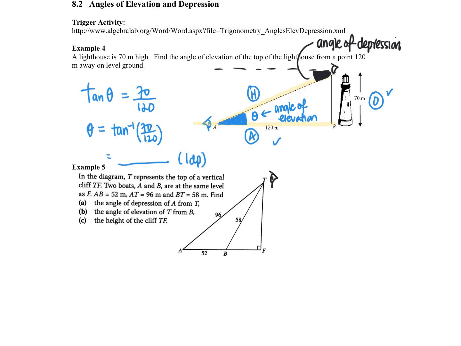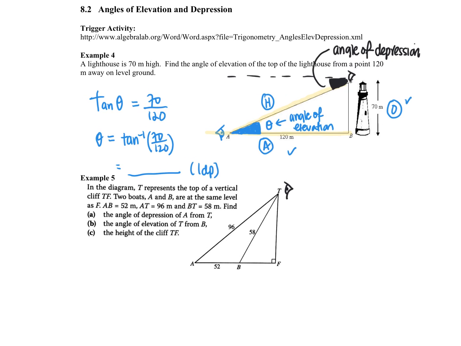So horizontal eye level, I look down until I see A. So this is the angle of depression they want. It is the same as asking you to find this, because it's an alternate angle. So when they ask you to find this, they're asking you to find this.